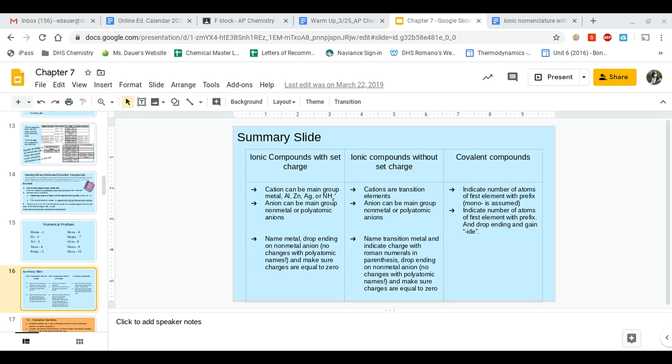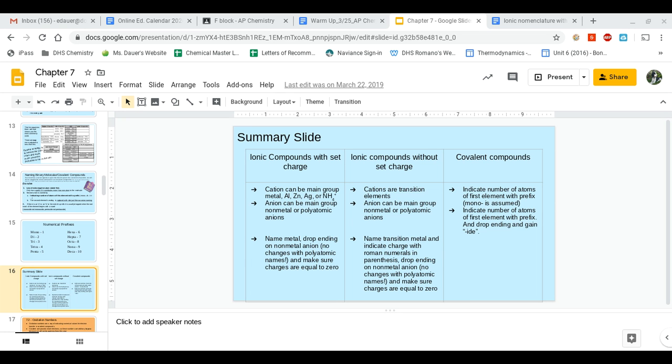But anyways, on this slide, you have some bullet points. They remind you of just what I was talking about. Ionic compounds with a set charge. These cations must be main group metals. I remind you about aluminum, zinc, silver, and your only positive polyatomic ion, ammonium, NH4+. Because ammonium is a polyatomic ion, it's not going to change.